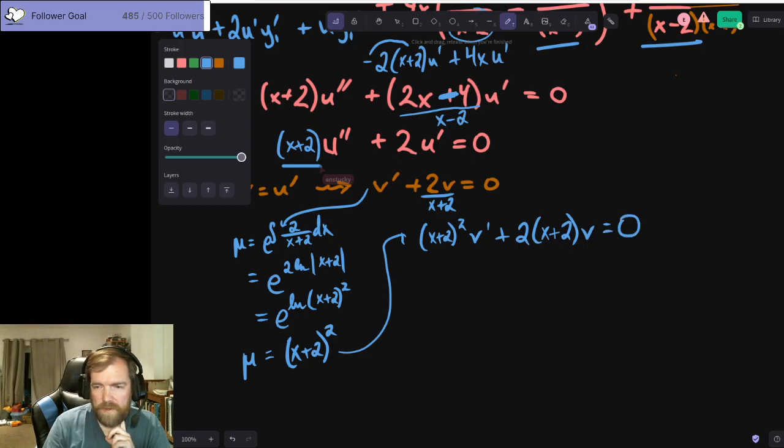And of course, in true first order linear differential equation fashion, this becomes a very nice product rule.